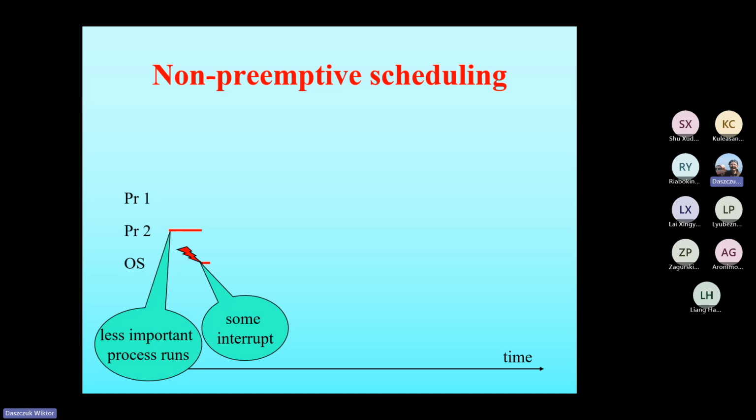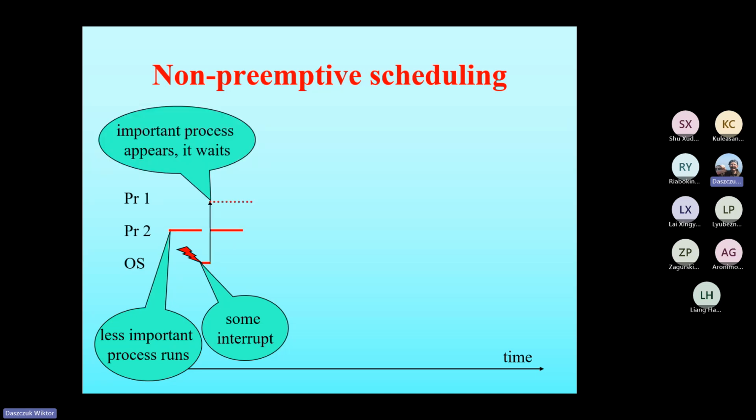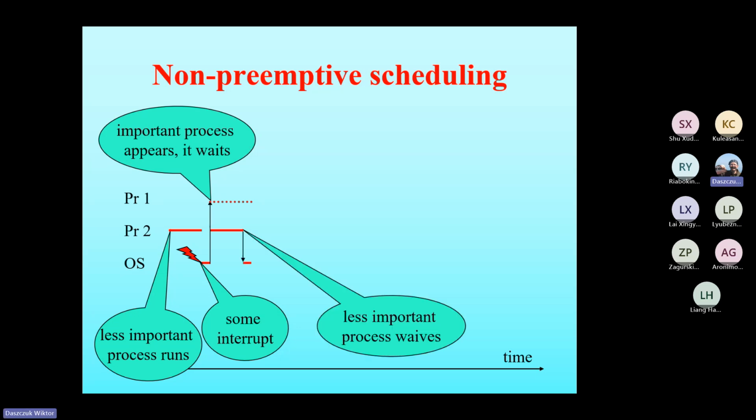As a result of this interrupt, a more important process appears. It is started or resumed, whatever. But you see that we resume this process or start, however, it does not get the resource. The resource is still allocated to process 2.